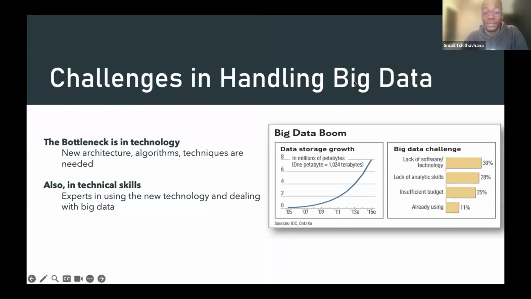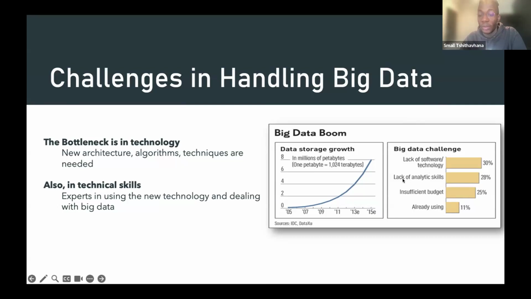So the challenges which come with handling such big data are very commonly the lack of software, because we don't have enough resources to analyze the large amount of data and also its complexity.